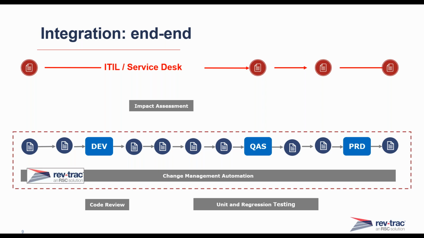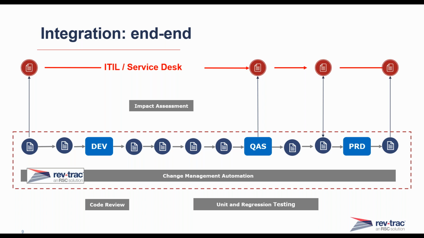So by utilizing Rev-Trac, which is the SAP Change Control Automation platform provided by Revelation Software Concepts, we now have the ability to begin to integrate these systems and tools together. So usually what we're doing first for our customers is we're integrating their ITIL service desk.